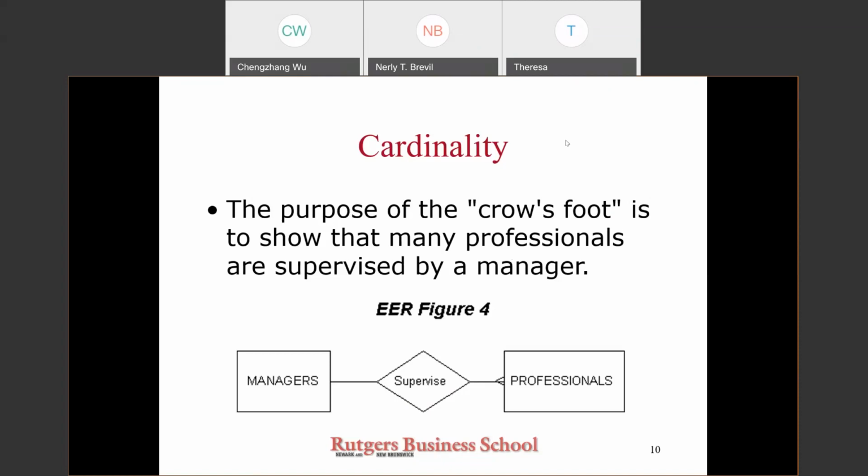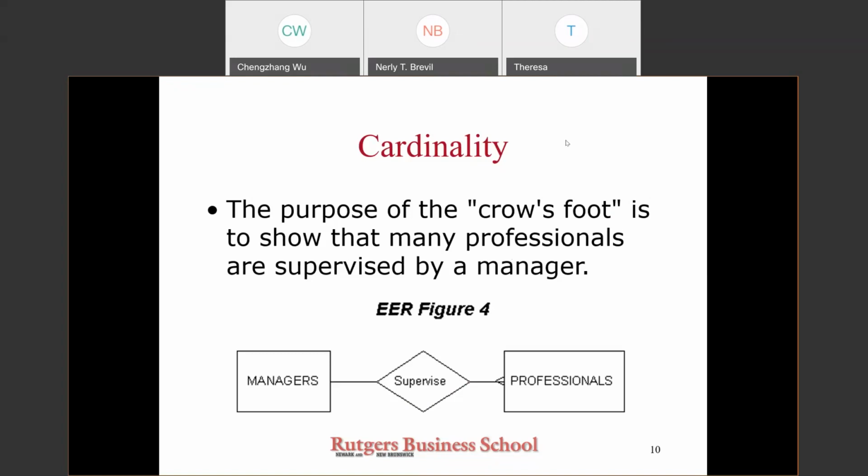And clearly, this is a more realistic assumption. But each professional is supervised by exactly one manager. So in other words, the relationship between manager and professionals is one to many.